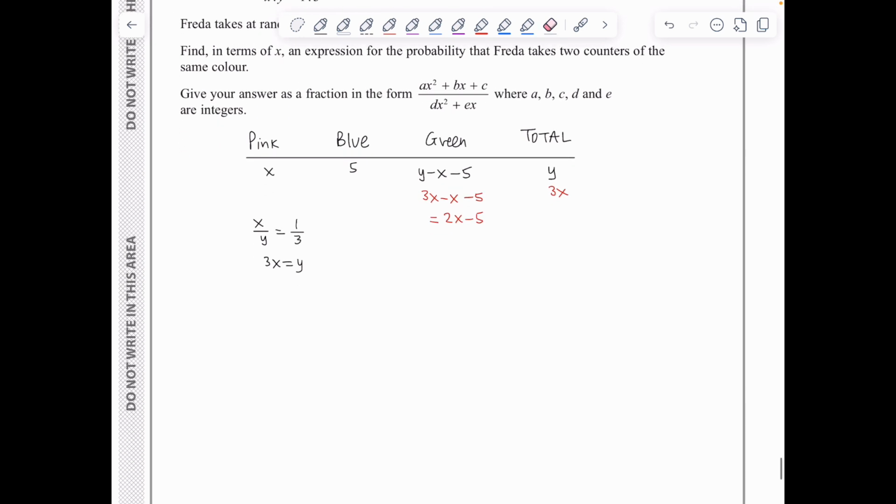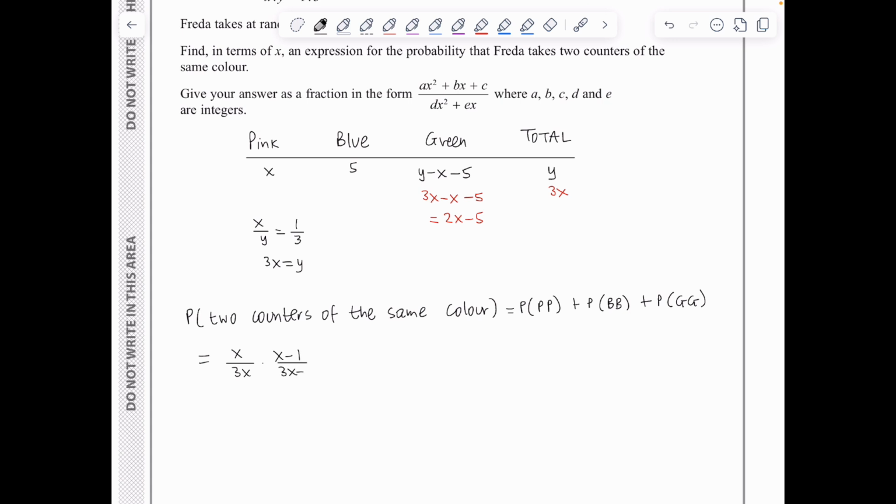Well, we're trying to find the probability of 2 counters being of the same color, so essentially we're looking at the probability of getting 2 pinks, or the probability of getting 2 blue, or the probability of getting 2 green counters. So the probability of pink and then pink again is going to be x over 3x times (x - 1) over (3x - 1).